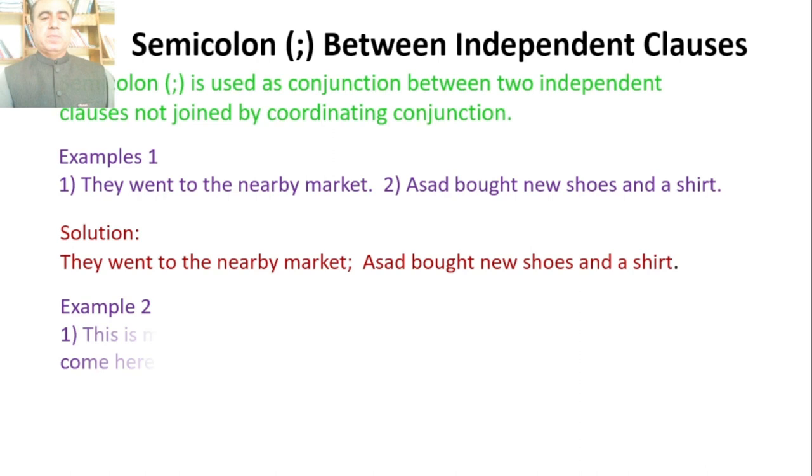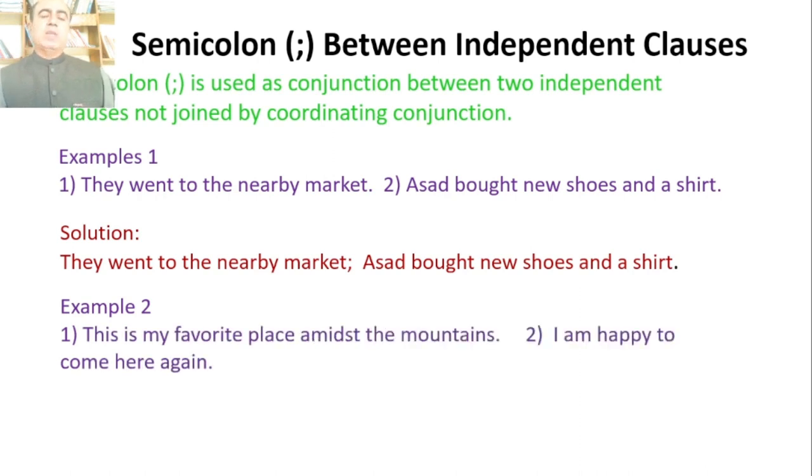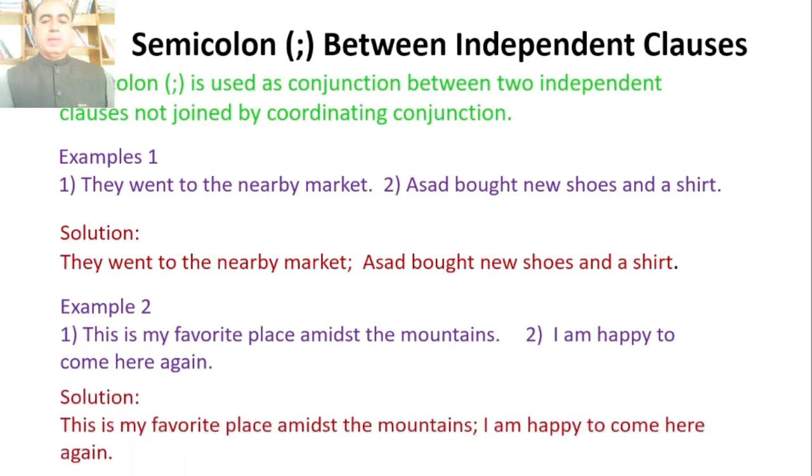Another example. This is my favorite place amidst the mountains. I am happy to come here again. Now, these two sentences, sentence number 1 of example 2 and sentence number 2, I am happy to come here again, are again mutually connected. For that very reason, we put them together by using a semicolon.